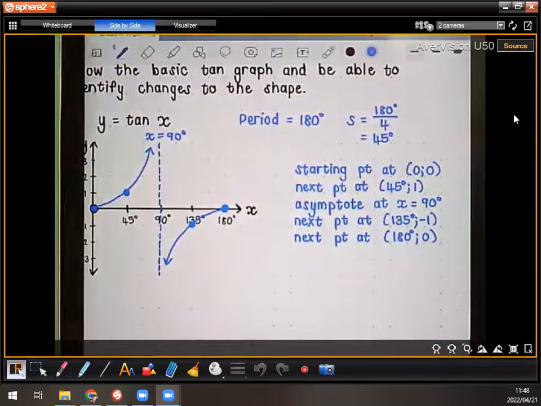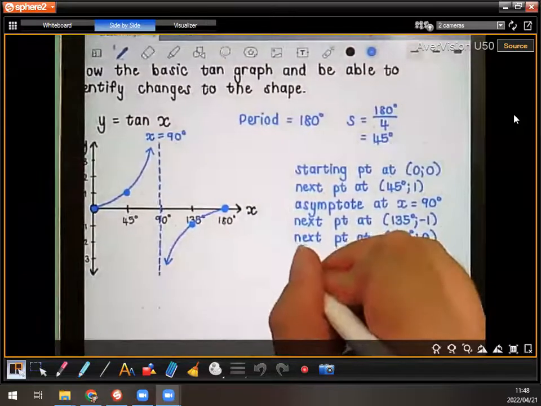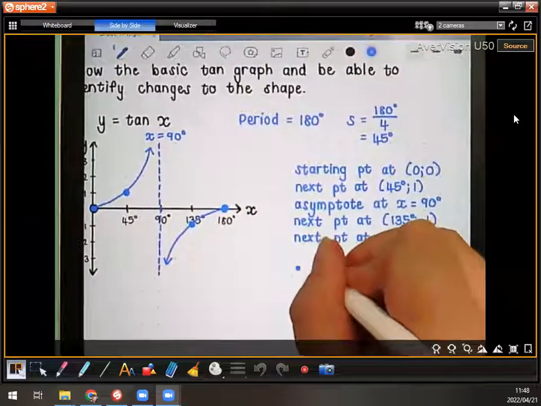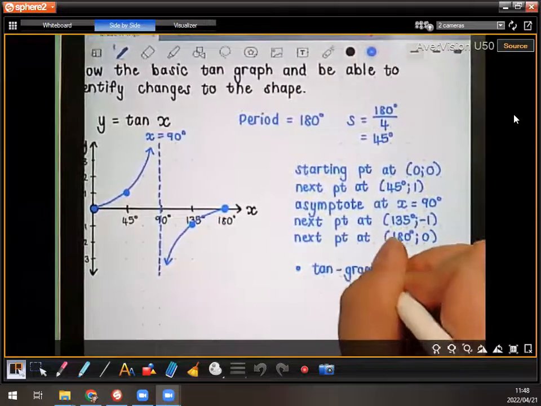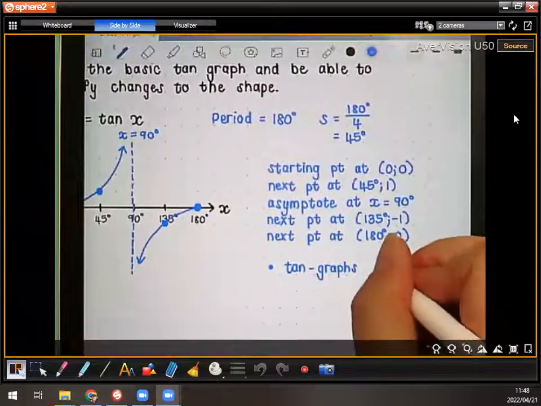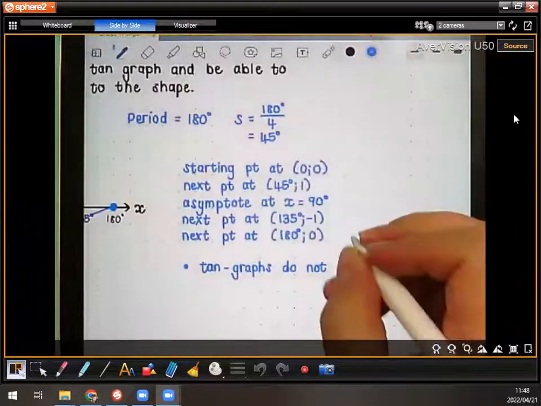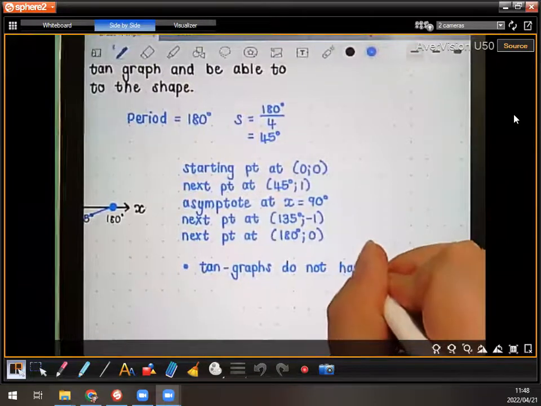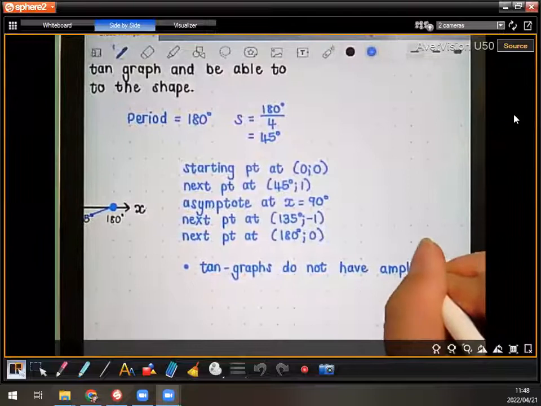You need to remember that a tan graph doesn't have an amplitude. So we won't be able to use the amplitude formula to calculate A. That makes this one a little bit more difficult. So write down there, please: tan graphs do not have amplitude.